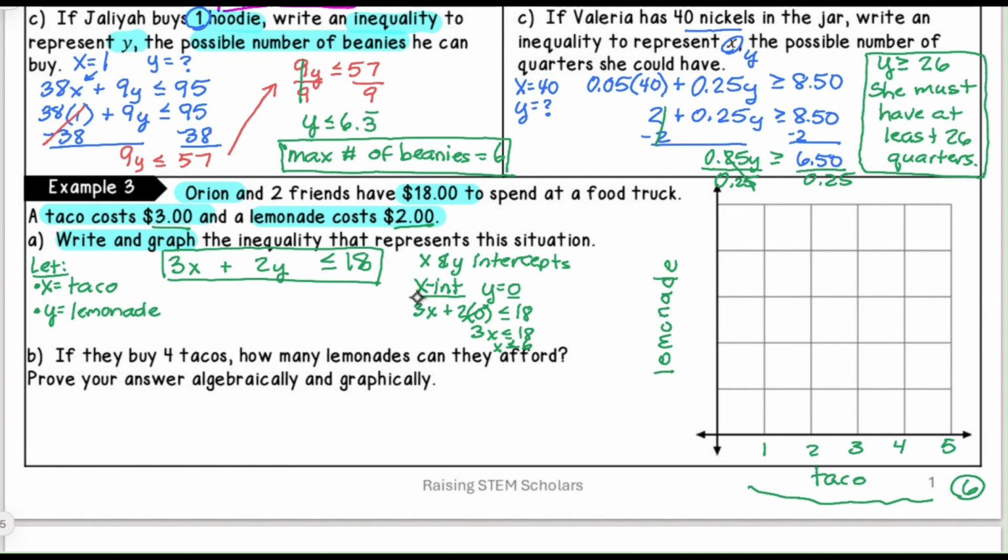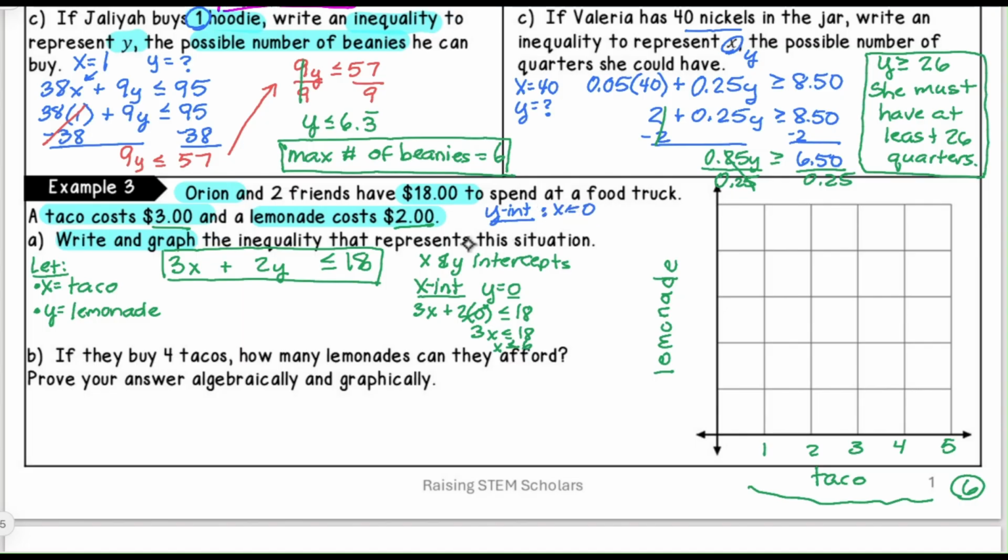I'm going to go ahead and find my y-intercept. So let me write that in a different color. My y-intercept is when x equals 0.